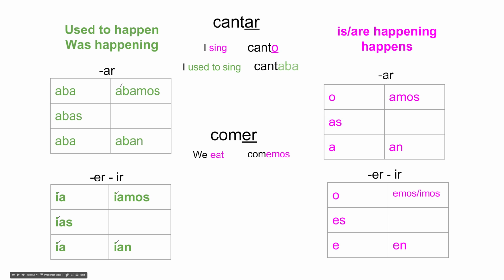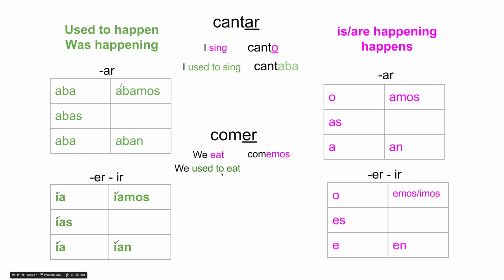Don't forget, I could easily put nosotros in front of that. In front of canto, I could easily put yo. Right here, as a second language learner, I like to put yo in front of that. Yo cantaba. Helps me keep up with who used to sing. Yo cantaba.